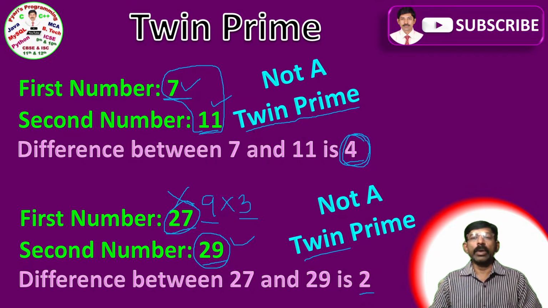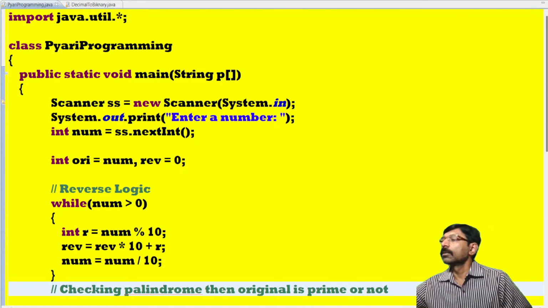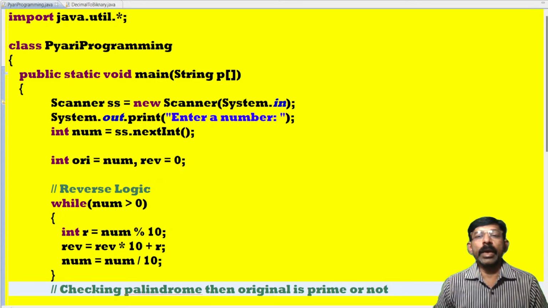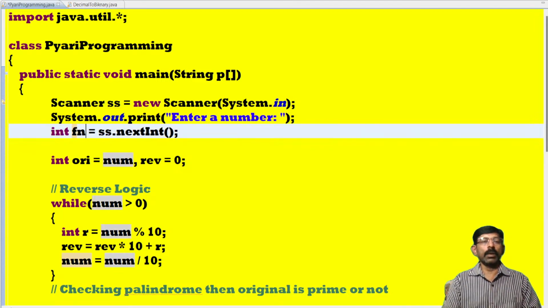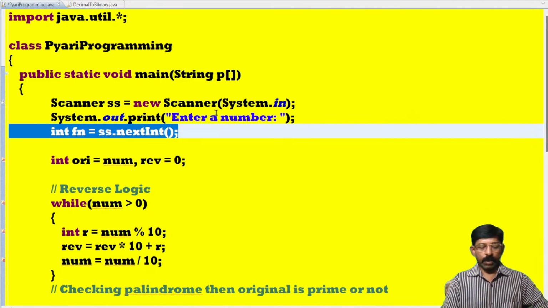Now we have to accept 2 numbers. Let me change the screen. Okay. Now we are in Java screen. We'll take 2 numbers now. So that is, I will say first number and second number.